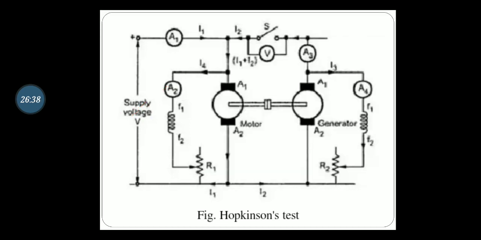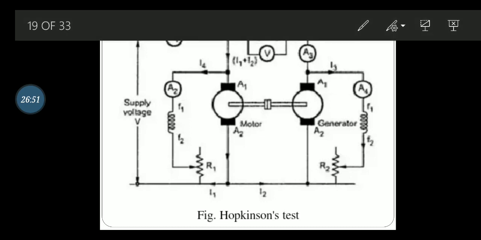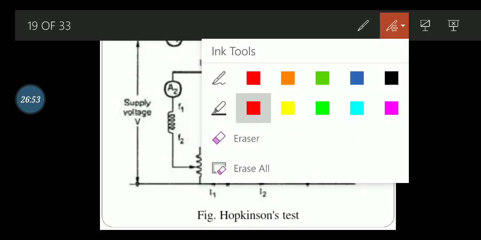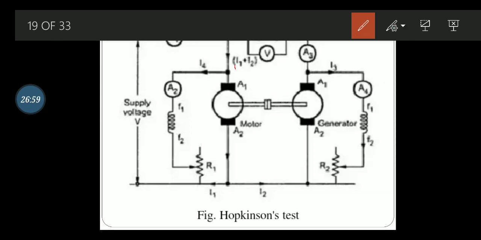Then the motor armature draws the current which is the combination of the supply current and the generator output current, that is I1 plus I2. That means once the switch is closed, the motor draws the current I1 plus I2.